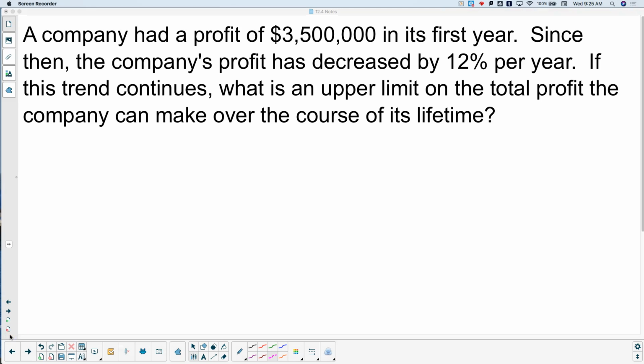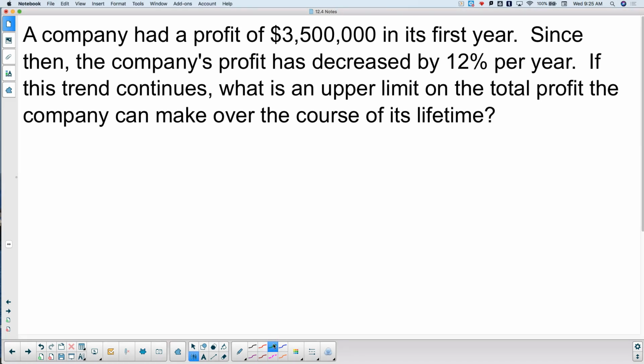Yeah, 8's good. All right, so reading this problem, it tells me that a company had a profit of $3,500,000 in its first year. Since then, the company's profit has decreased by 12% per year. If this trend continues, what is an upper limit on the total profit the company can make over the course of its lifetime?